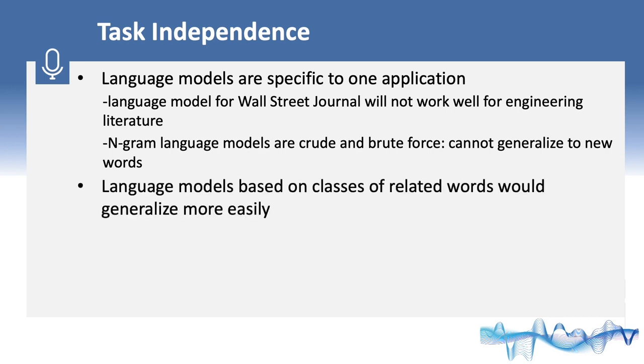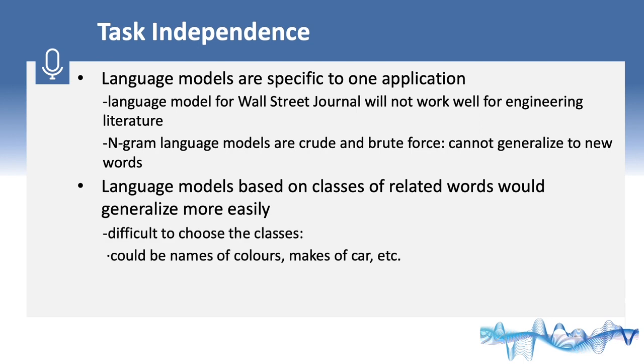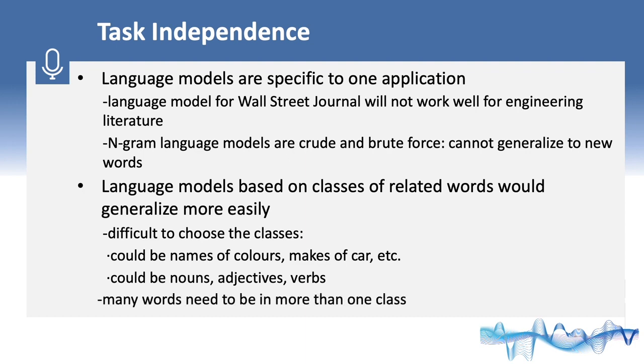Language models based on classes of related words would generalize more easily. However, it is difficult to choose the classes, which could be names of colors, makes of cars, and so on. The classes could also be nouns, adjectives, verbs. Many words need to be in more than one class.